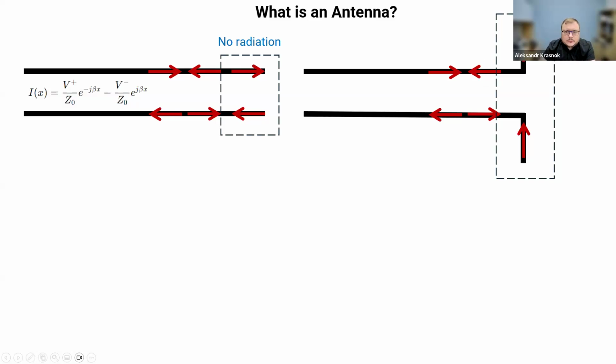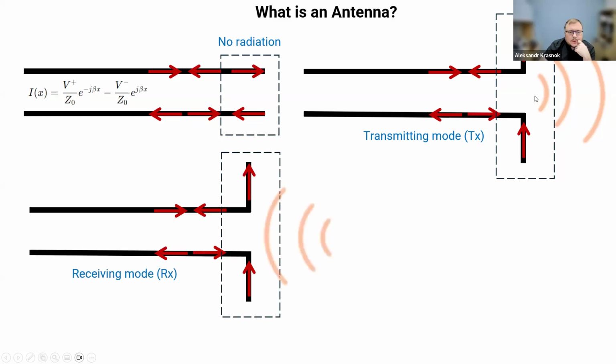So now these two elements point in the same direction and oscillate in the same phase. And such a system now can radiate. So these two pieces of wire can play the role of an antenna.